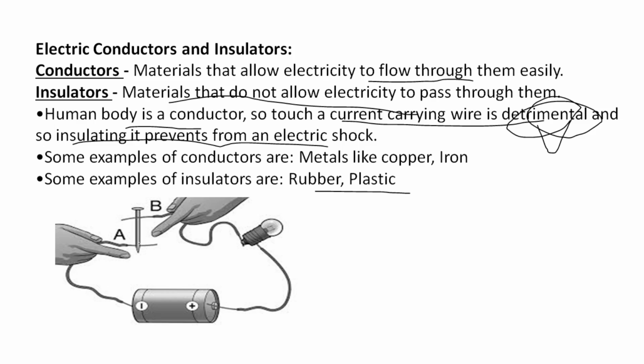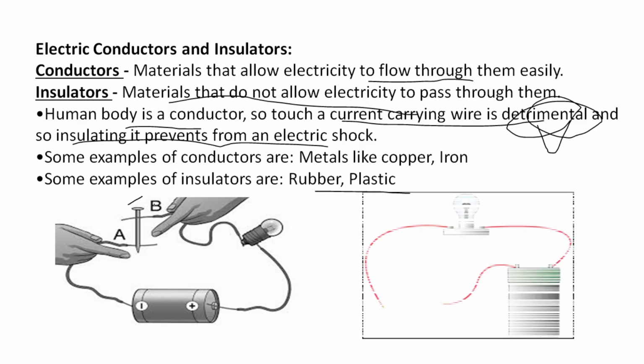This iron nail is attached to those wires, these terminals, so that electricity will flow. Electricity is flowing through this metal, that's why this is a conductor.